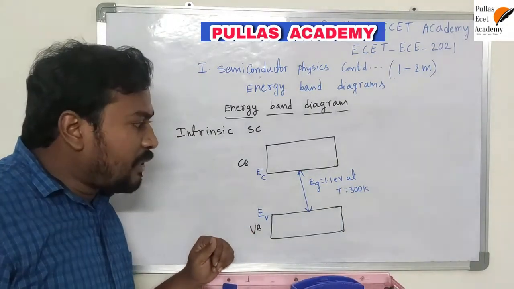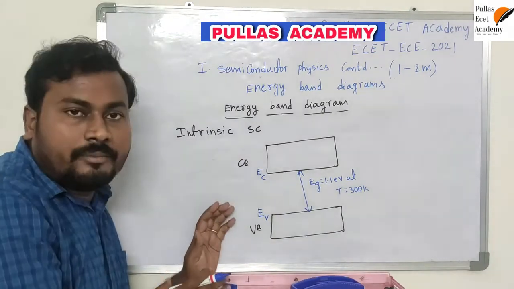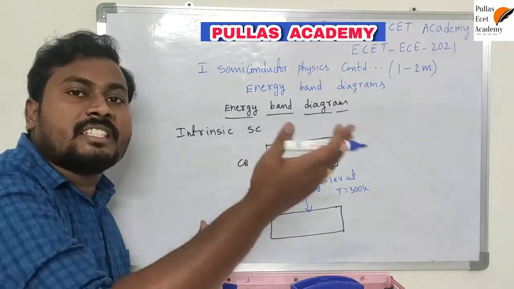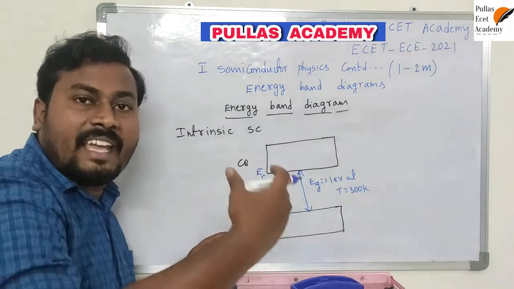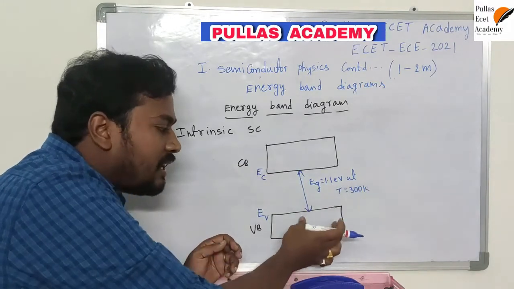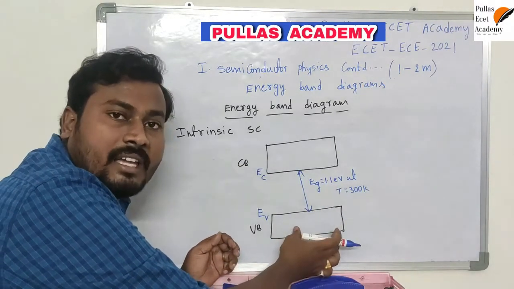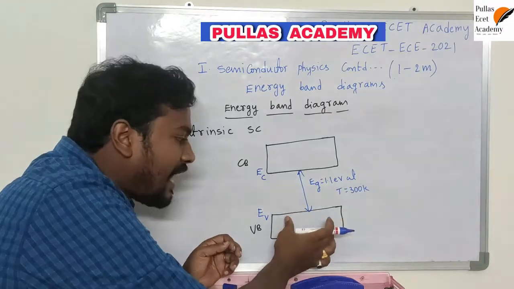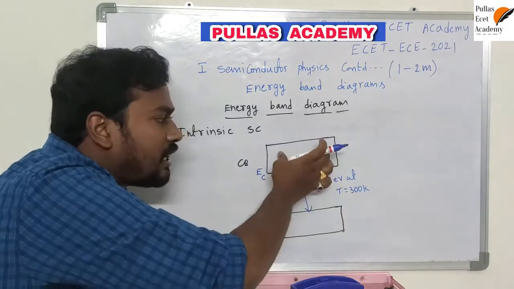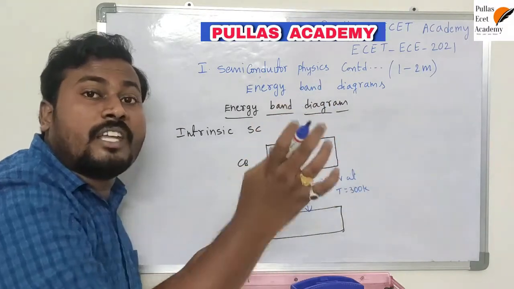Now, what is going to happen here is in the intrinsic semiconductor, when you are increasing the temperature, you are providing thermal energy to the electrons. So thereby, electrons can move from valency band to the conduction band. Once they move from valency band to the conduction band, they will become free electrons.